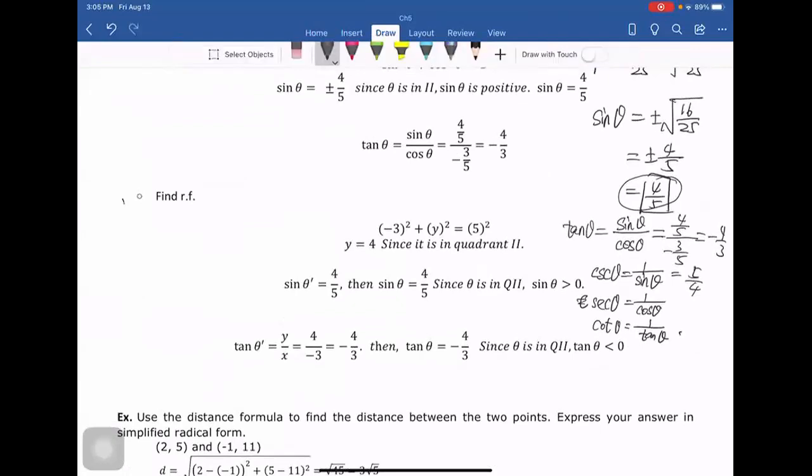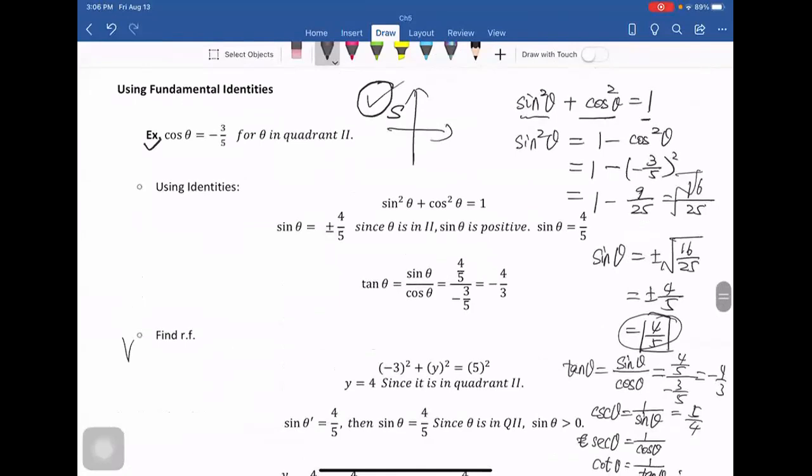This is another way. We can also use the reference angle to find them. Since from the image we know the angle is in the second quadrant, we can assign cosine theta equals -3 over 5.